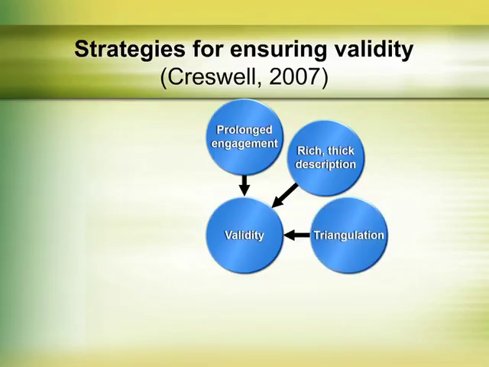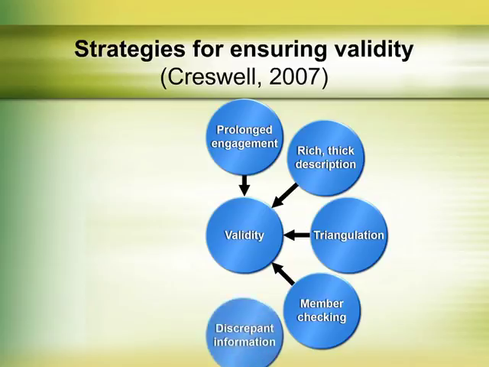Triangulation refers to using multiple data sources in order to build up a complete picture of a phenomenon. Member checking allows the researcher to present the study's findings or conclusions to the original participants, so they can comment on whether they believe their perspectives are accurately portrayed. Presenting negative or discrepant information acknowledges observations or findings that run contrary to the study's key themes.